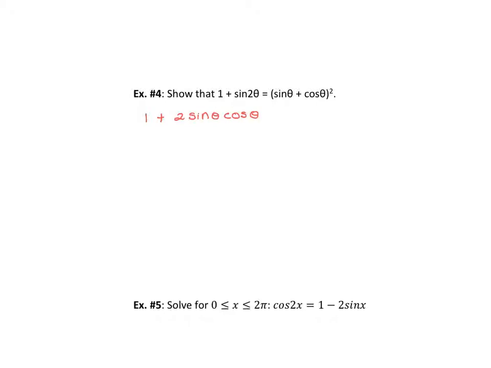What can you rewrite 1 as in terms of sines and cosines? It's a trig identity we studied yesterday. Yep. Sine squared theta plus cosine squared theta plus 2 sine theta cosine theta.